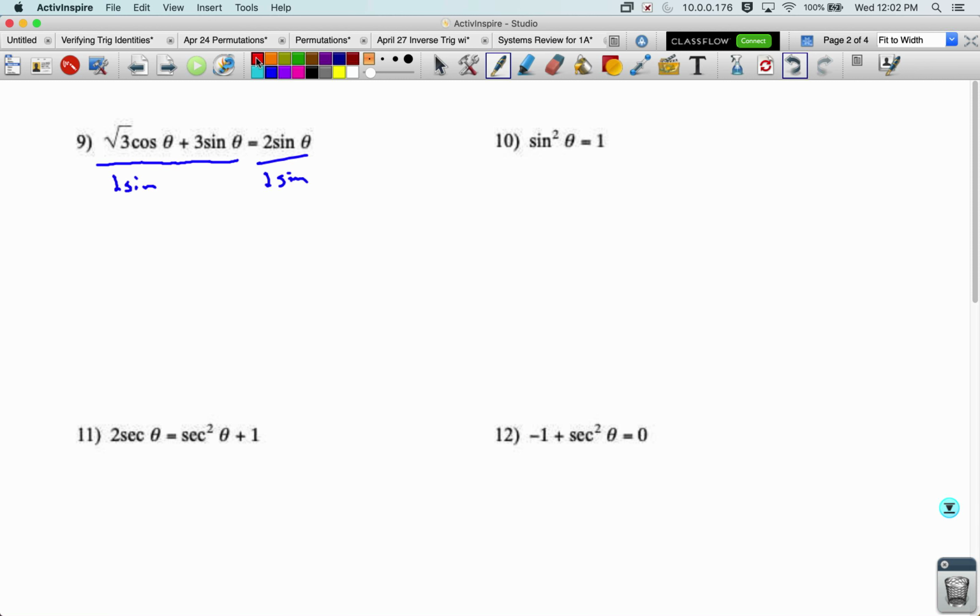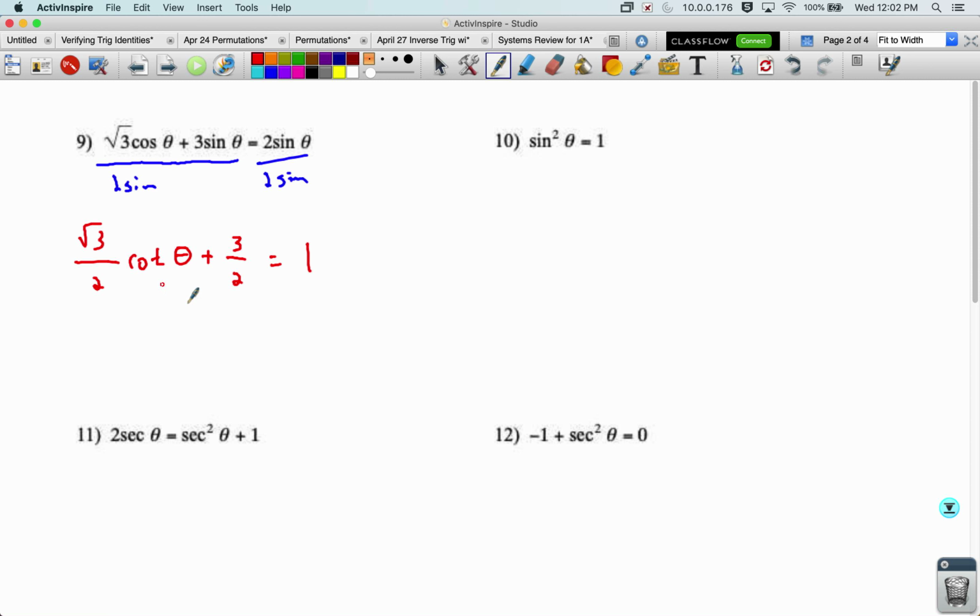And so this here is going to be square root of 3 over 2, but cosine over sine, that's the same as cotangent of theta, plus 3 over 2, but sine divided by sine cancels out, equals, and this side is now a 1. Be careful not to replace that with a 0, that'd be an algebraic mistake.